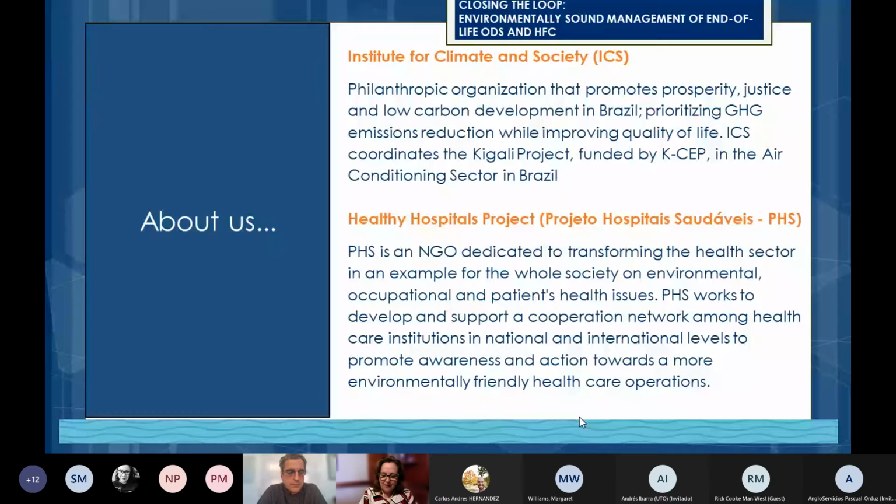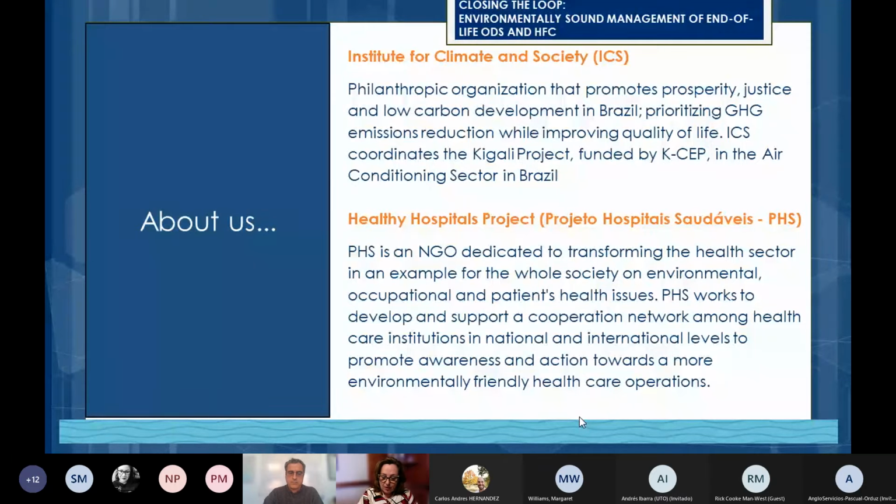I'm Senior Advisor of the Institute of Climate and Society, which is a philanthropic organization that coordinates the Kigali project in Brazil that's funded by the Kigali Cooling Efficiency Program, KCEP. The goal of this project is to foster energy efficiency policy and bring market transformation for low carbon products, specifically in the air conditioning sector in Brazil.